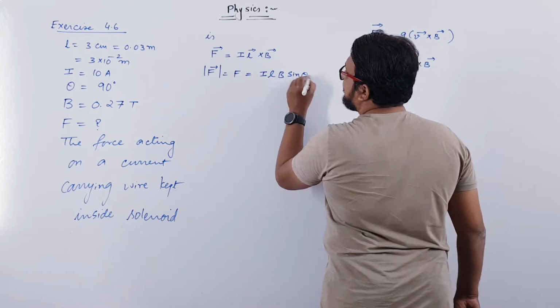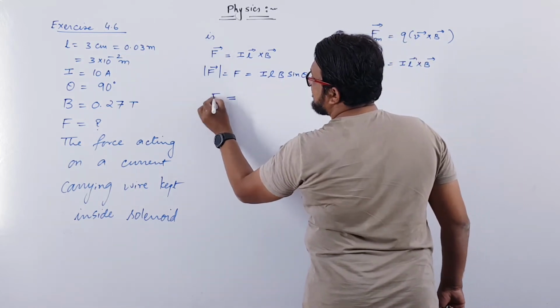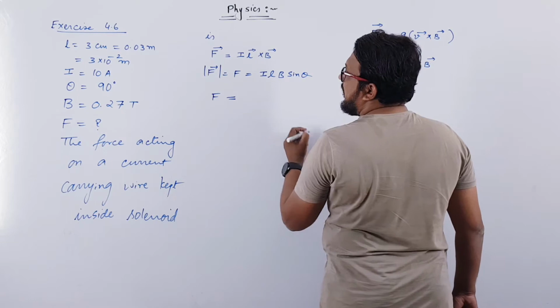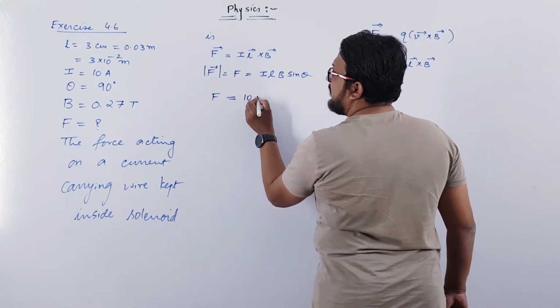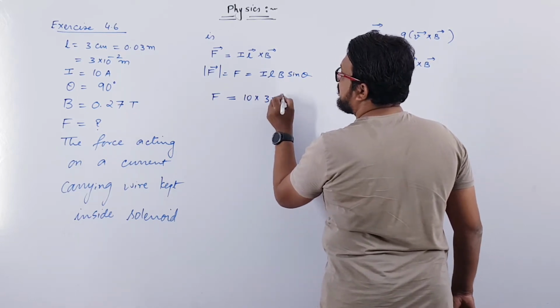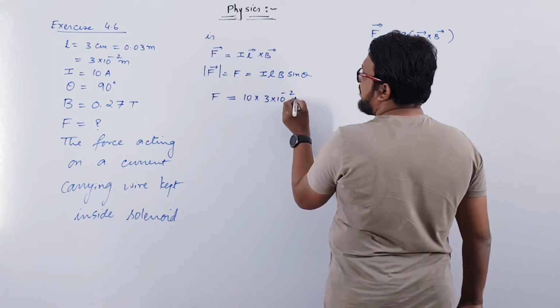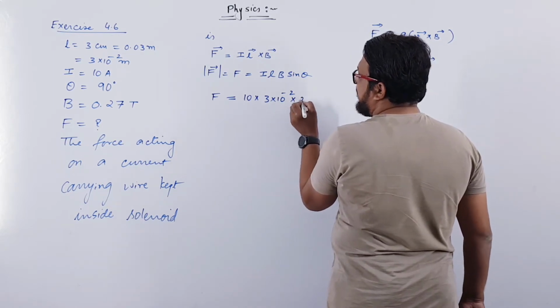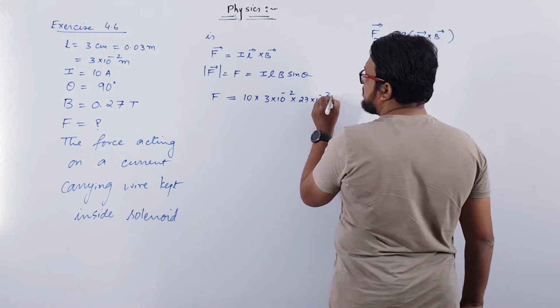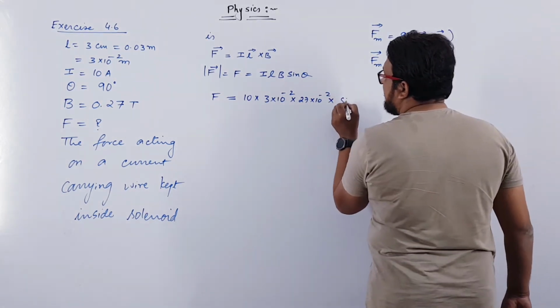So F is equal to I, current is 10 ampere, length is 3 into 10 to the power minus 2, magnetic field is, let me write, 27 into 10 to the power minus 2 into sine 90.